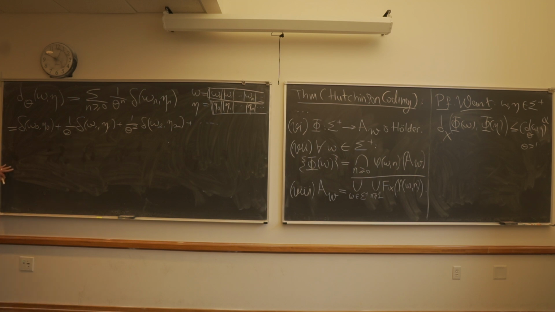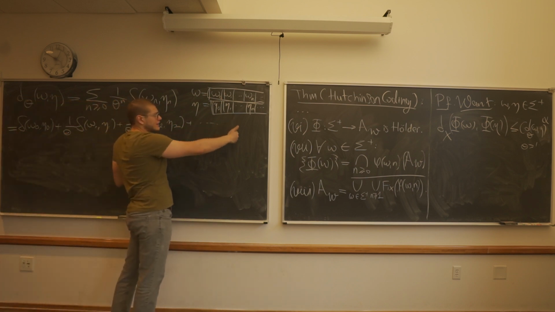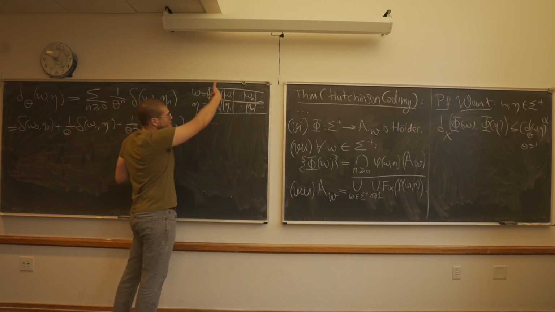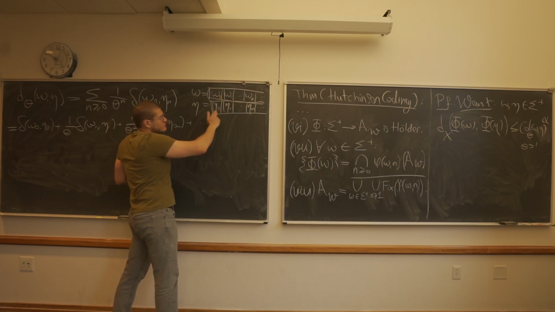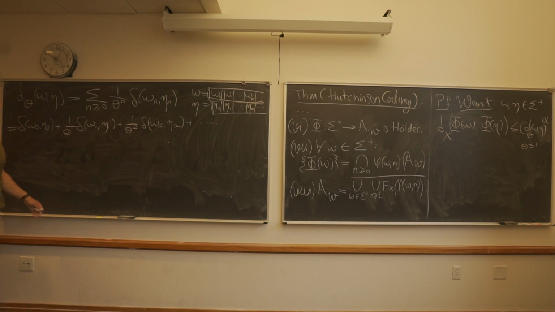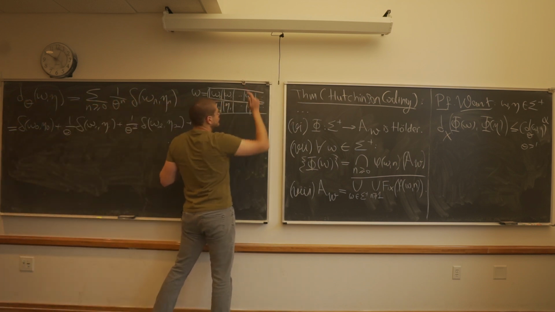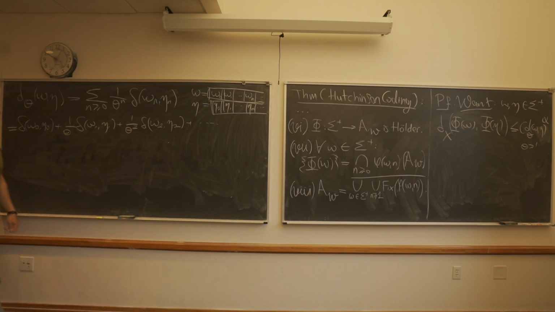We had talked about this before, but if I were to choose two of these, there's a first entry somewhere where they're going to start disagreeing. Maybe omega 0 is different from eta 0, or maybe omega 0 is the same as eta 0, but omega 1 is different from eta 1, okay? The farther away the disagreement, the closer 2 points are in sequence space.